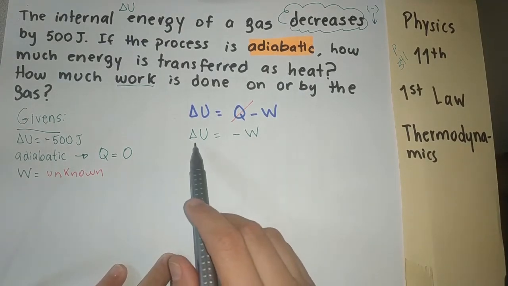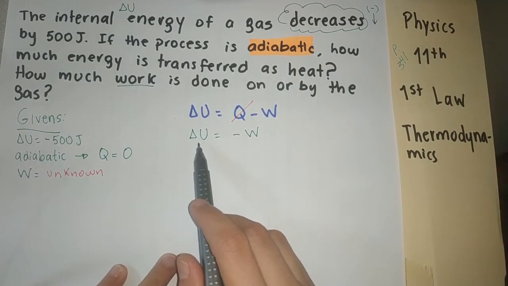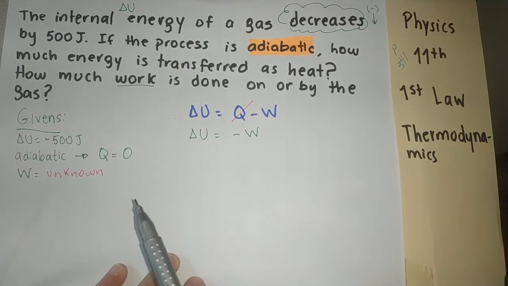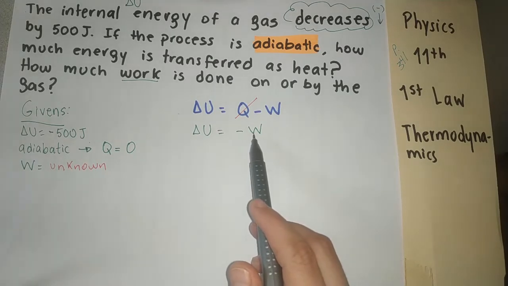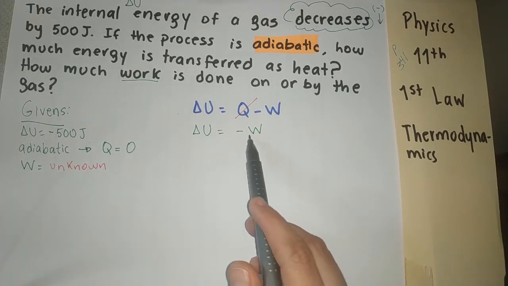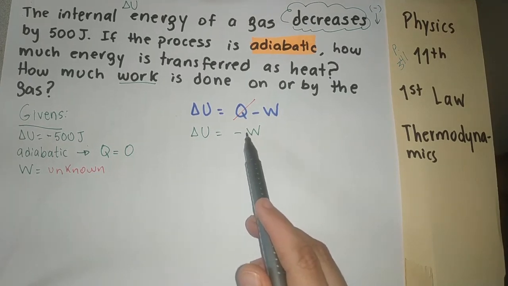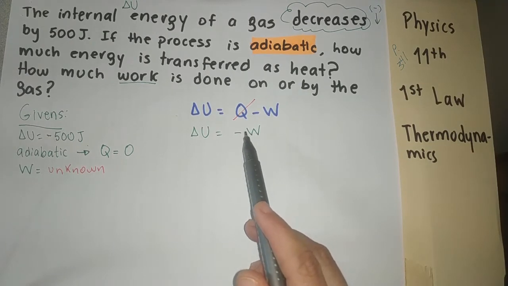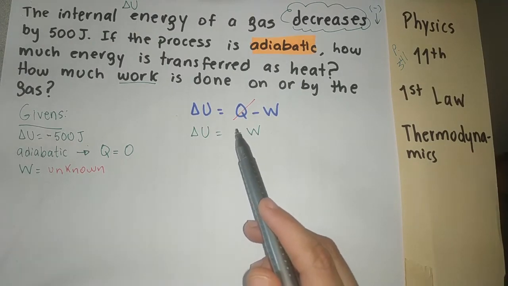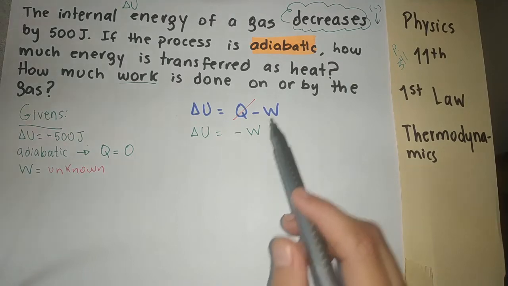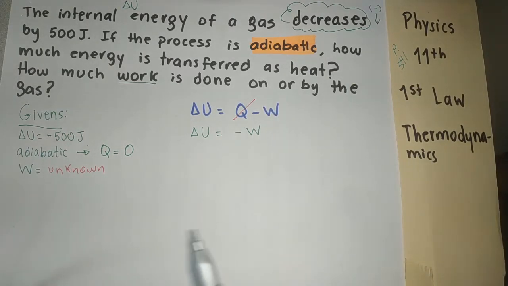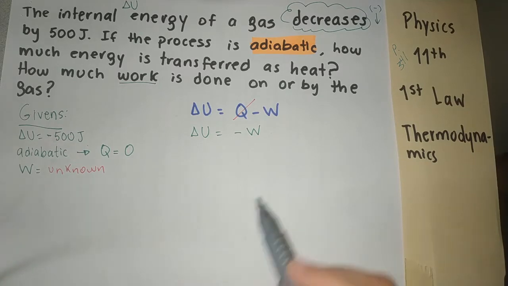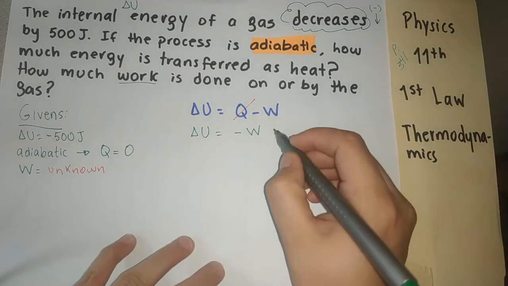But I'm not looking for the internal energy because I already know that it is negative 500 joules. So what am I going to look for? I'm going to look for W. Now this W is negative. In order to turn it positive, the idea is that you multiply times negative 1.